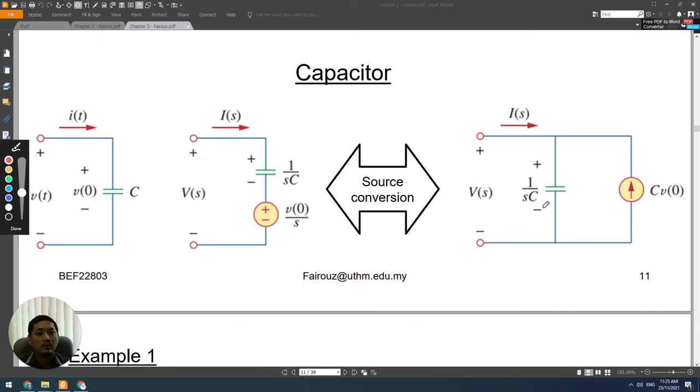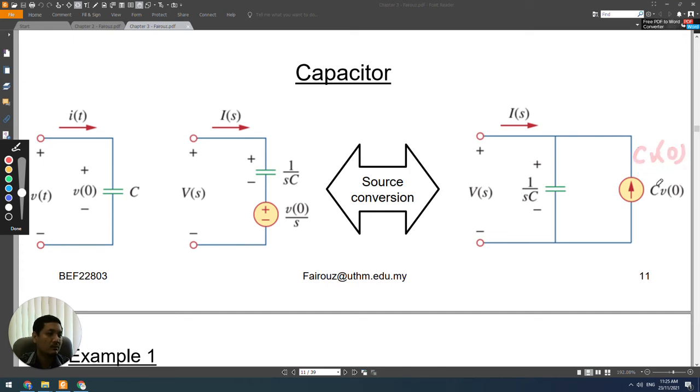However, if we want to represent it as a current source, then the current source must be connected in parallel with the capacitor. The value of the current source due to the initial condition is C times V.